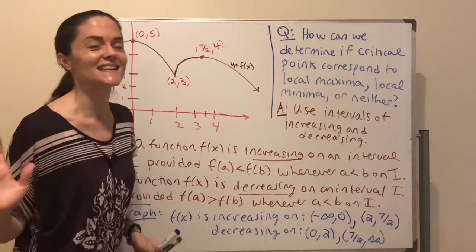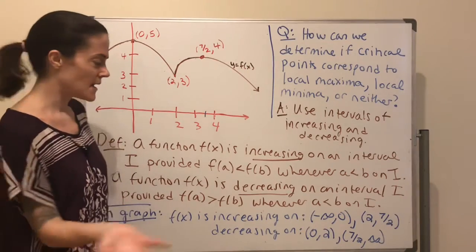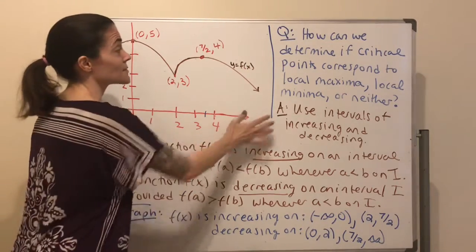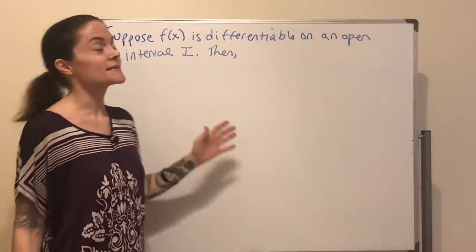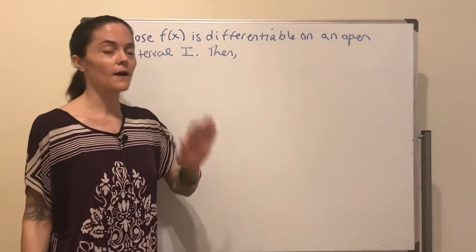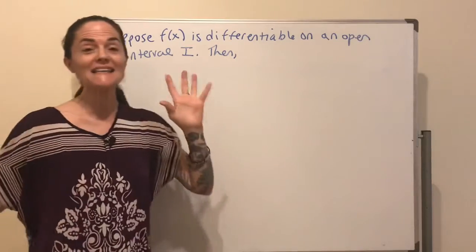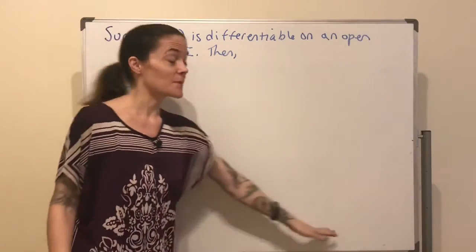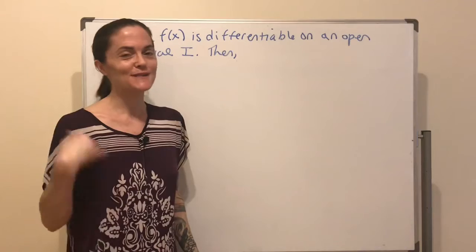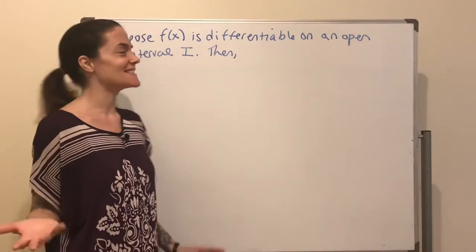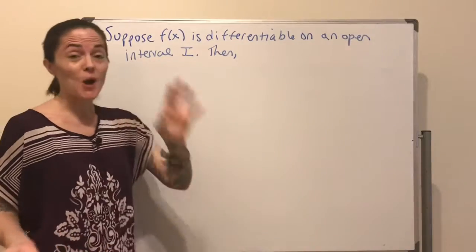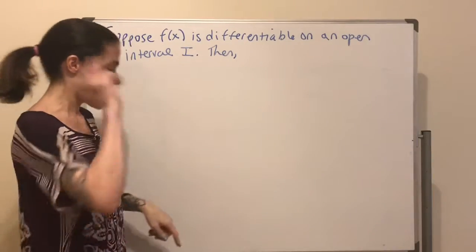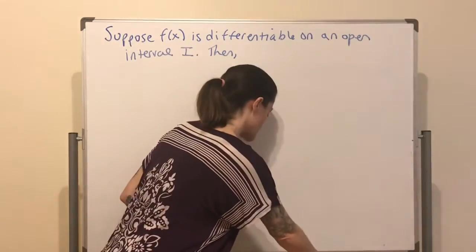So now let's get into the calculus part of the answer to this question. Suppose f of x is differentiable on an open interval. So now I is an open interval, just like we saw down here for my intervals of increasing and decreasing. Suppose f of x is differentiable on an open interval I. Then there's two parts to this.